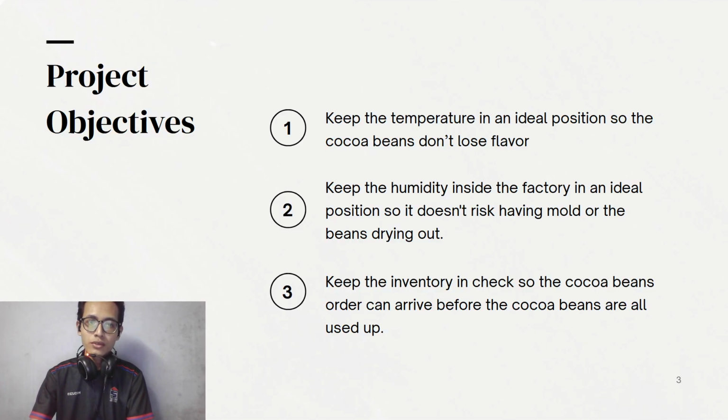The second objective is to keep the humidity inside the factory so it doesn't reach heavy mold or the beans drying out, since very high humidity is going to make the chocolates taste not so good. For the third objective, we need to keep the inventory in check so the cocoa beans are always stocked up and never run out.